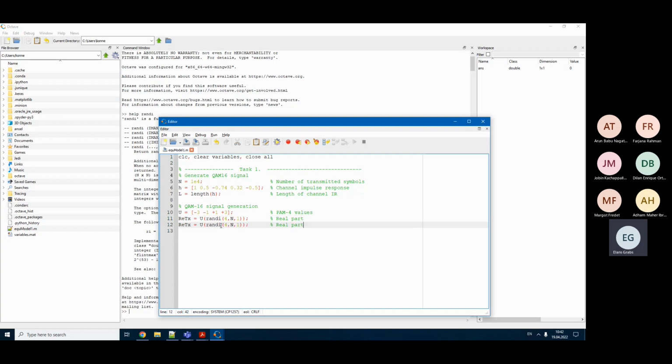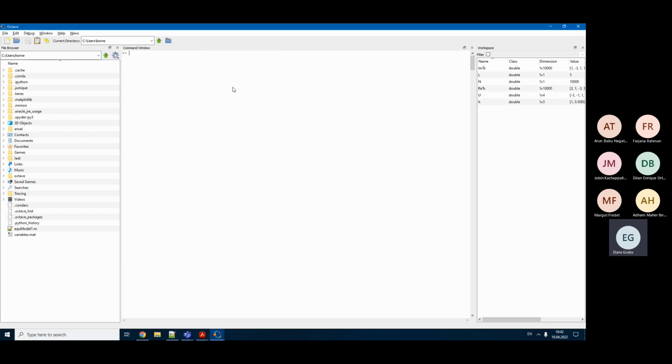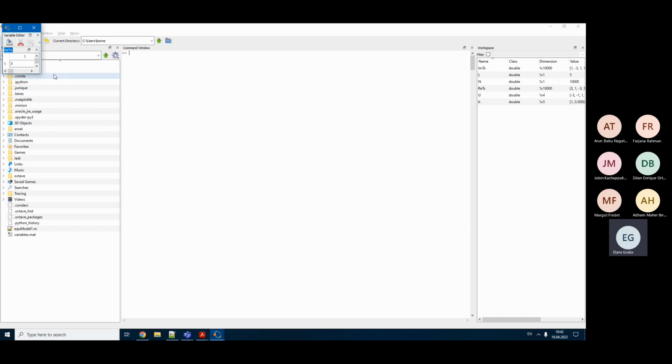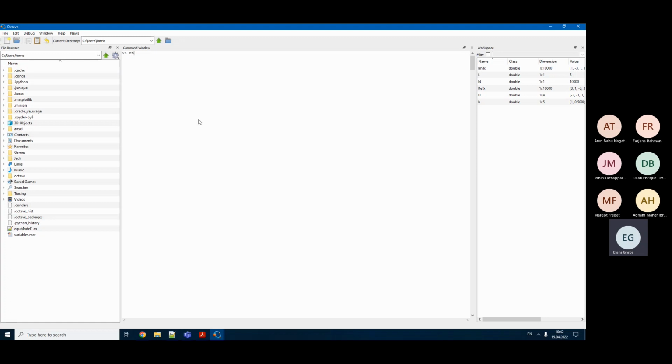Similarly, we now calculate the imaginary part. Let us test if it's working as intended. I'm going to type unique of the real part and unique of the imaginary part.